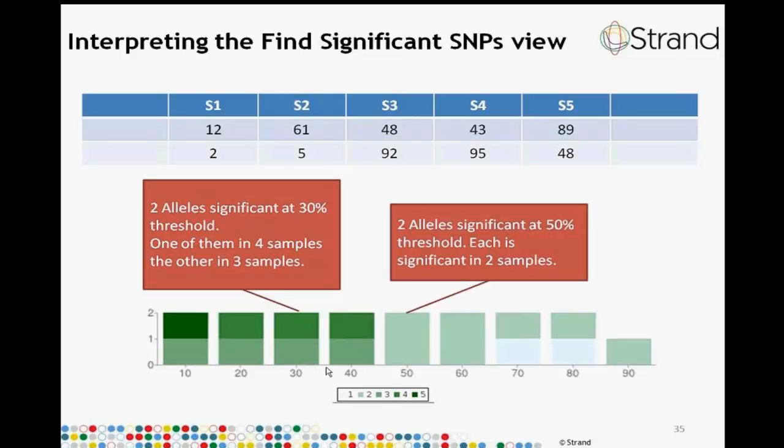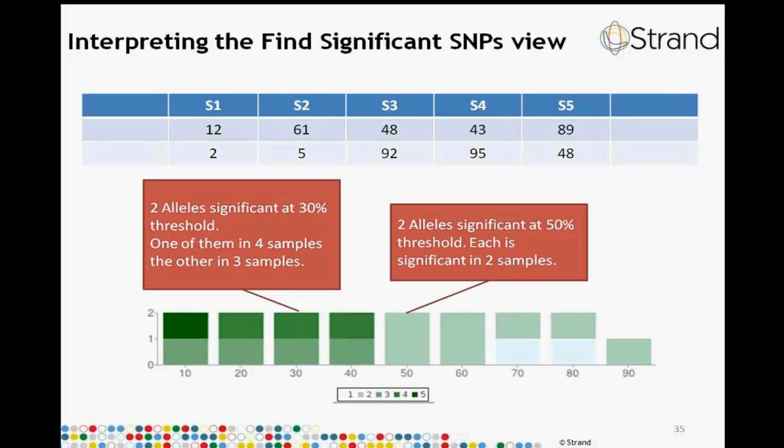Similarly, when you raise the supporting read threshold to 50, the height of the bar remains the same, which indicates that 2 alleles continue to remain significant. However, both of them are significant in 2 samples, and that is indicated by the lighter shade of green. Similarly, we would interpret the last bar to indicate that if you were to raise the supporting read threshold to 90, only one of the alleles can be considered to be significant, and in fact, that is significant in 2 samples.